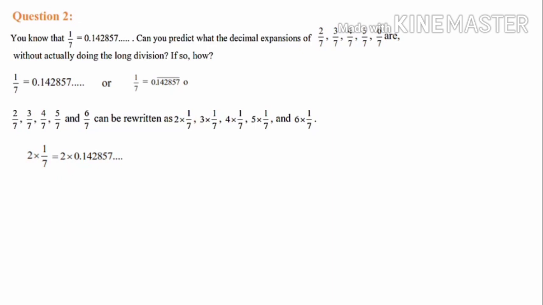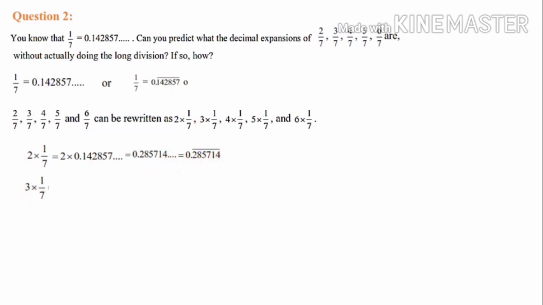Next, 2 into 1 by 7 is equal to 2 into, we have got the value of 1 by 7, that is 2 into 0.142857. When you multiply it, we will get the answer as 0.285714 etc. And this we can write as 0.285714 bar, because these many digits are repeating regularly.